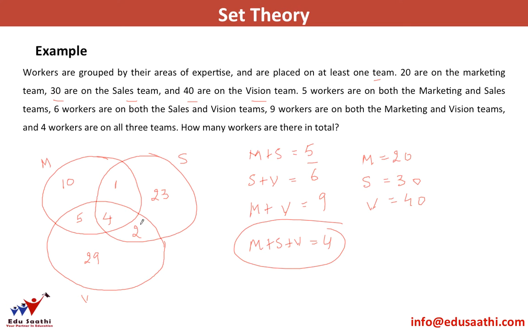So what is the total number of people there? You just need to count all these numbers. So this will be 40 plus 10, 50, plus 23, 73, and 1, 74. So there are 74 people working in all in the company. See, it's become very easy once you form this diagram.